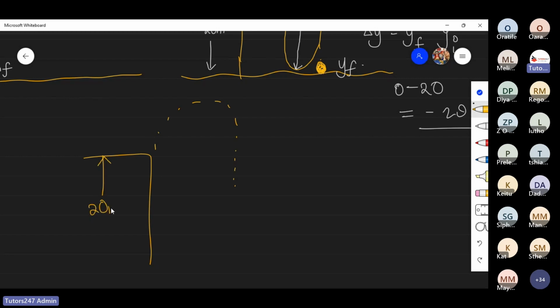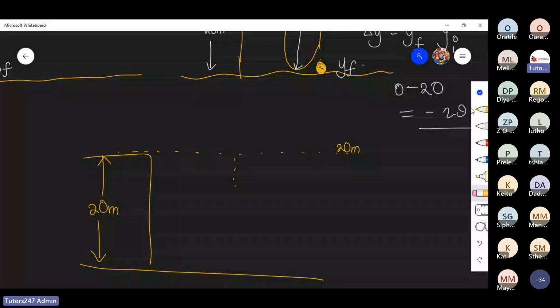So this is 20 meters. This is the ground. Think of this as your 20-meter mark, right? Now this object went up, reached maximum height, came down. We know that this displacement cancels each other out, so I'm going to erase that. What are we left with?